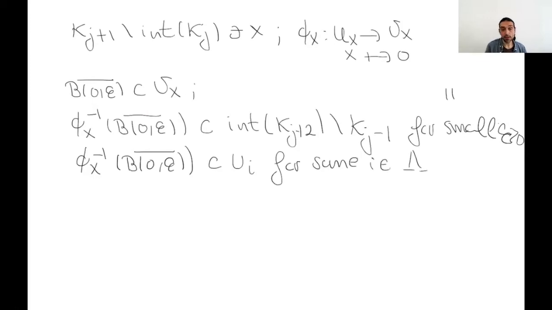Again, it's because x is contained in one of them, and these preimages describe a base of neighborhoods, not open, but a base of neighborhoods of the point x. So we can consider epsilon that satisfies all these properties.